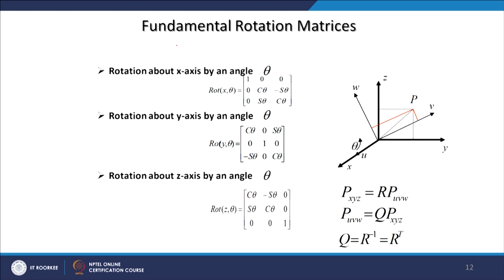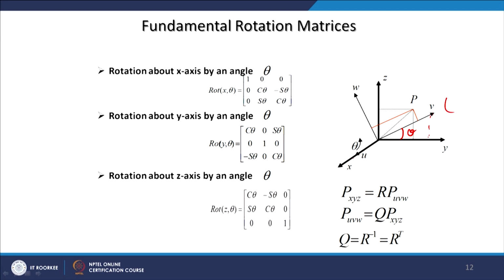Now, the fundamental rotation matrices. Fundamental rotation matrix is as follows. If we rotate about the x axis by an angle theta, then the x axis will remain the same, but the y and z axes will be shifted to this position.